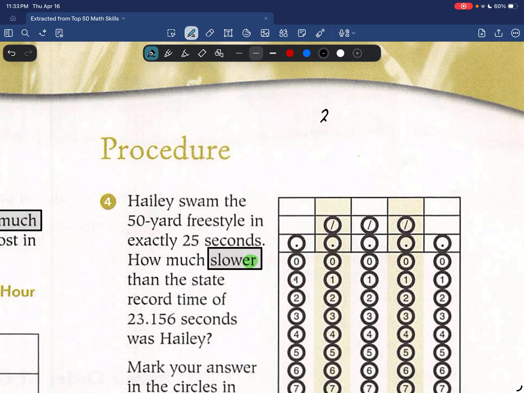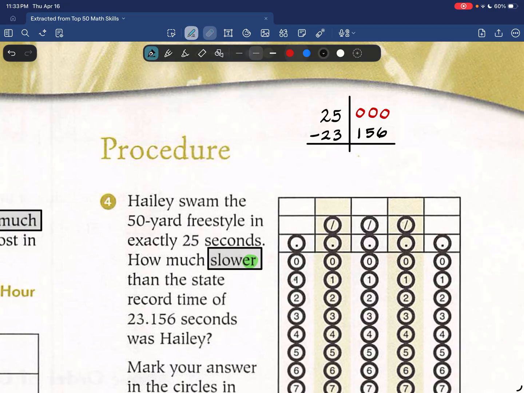So I will take Haley's 25 seconds, and I'm going to do some lining up here with decimals. Then 23.156, and everybody needs the same number of decimal places. And this sets up my subtraction problem. All right.